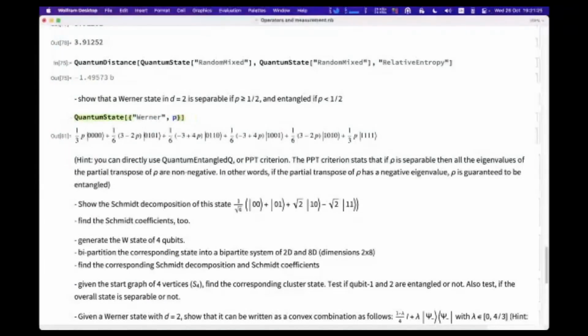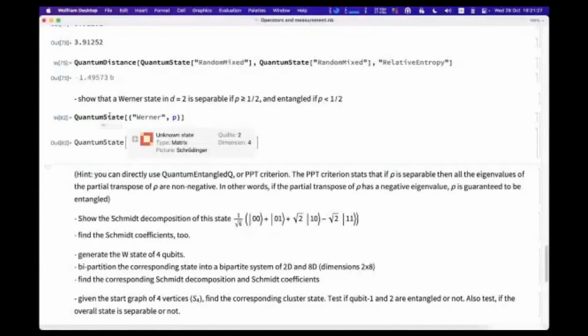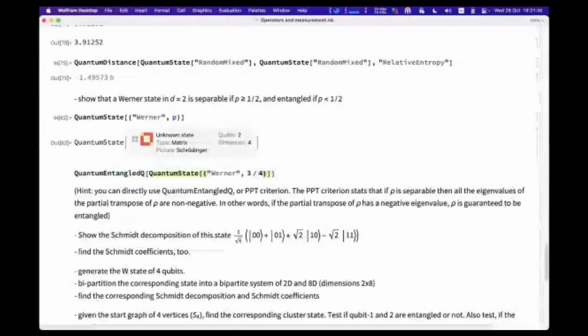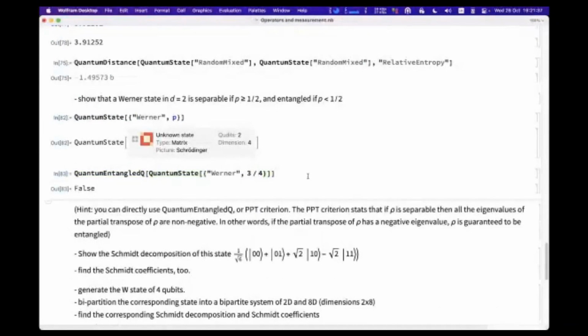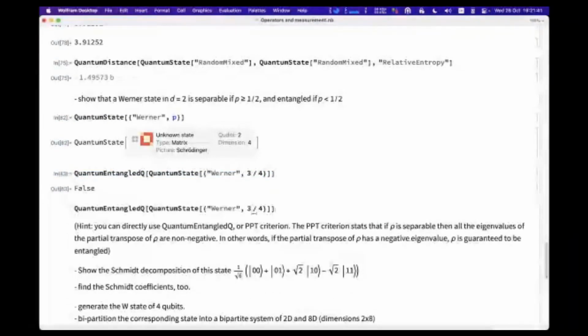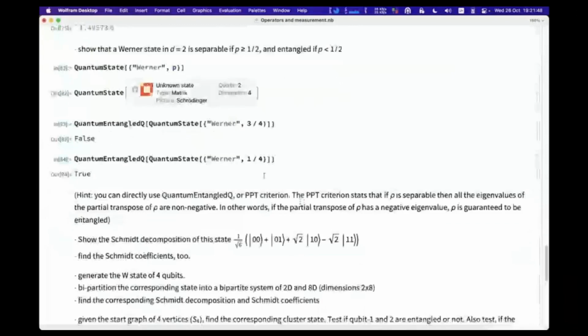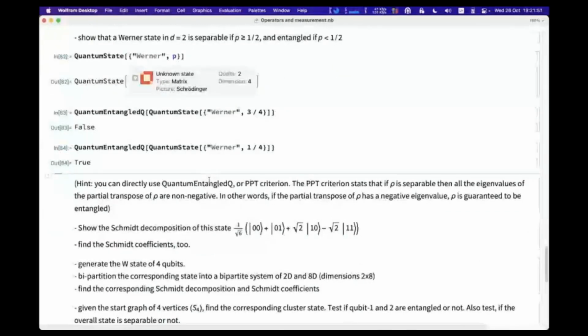So let's look at the question. The question is telling us, for example, let's go with a probability p, I don't know, let's give it a value. So it's more than 1/2. You see, it's not entangled, it is separable. When it's less than 1/2, it's an entangled state. That's an interesting feature of the Werner state.